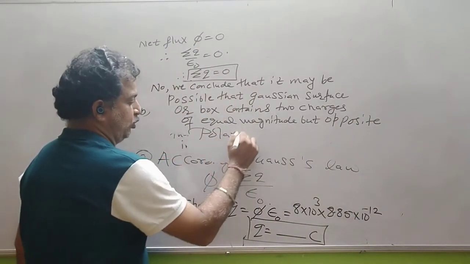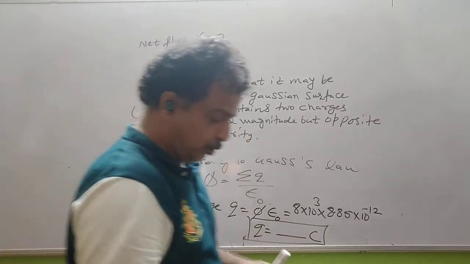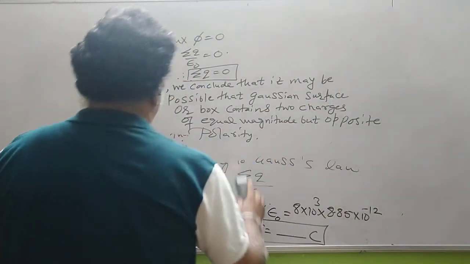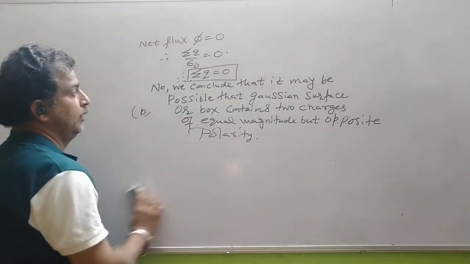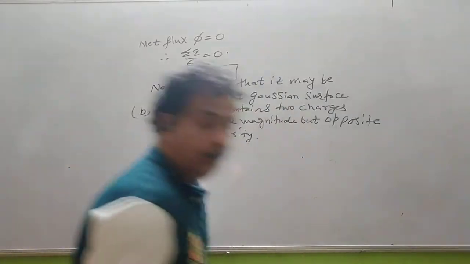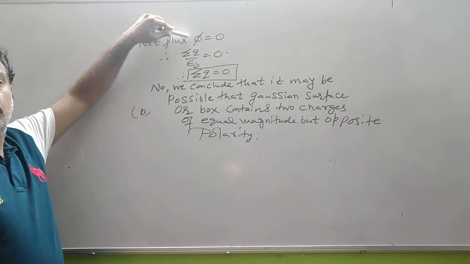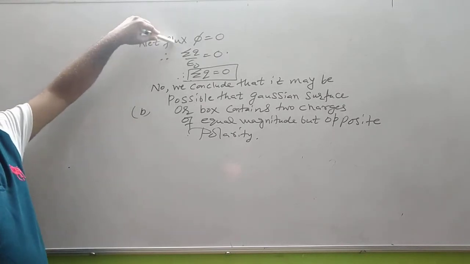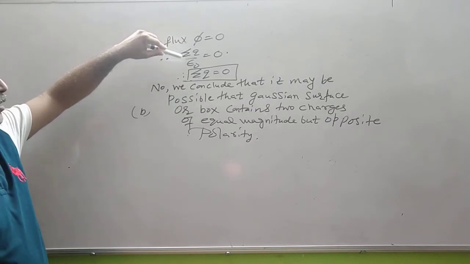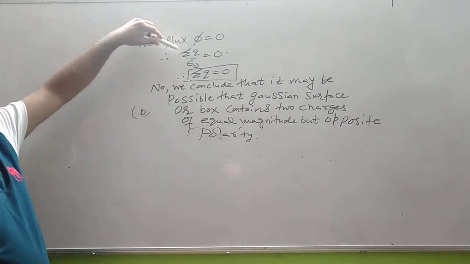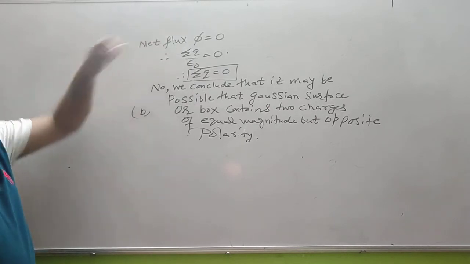So when we did this Gauss law, we used to say that the total flux linked with the closed surface should be equal to the algebraic sum of the electric charge enclosed inside the box divided by epsilon naught. It is the ratio of charge enclosed inside the box or surface to epsilon naught.